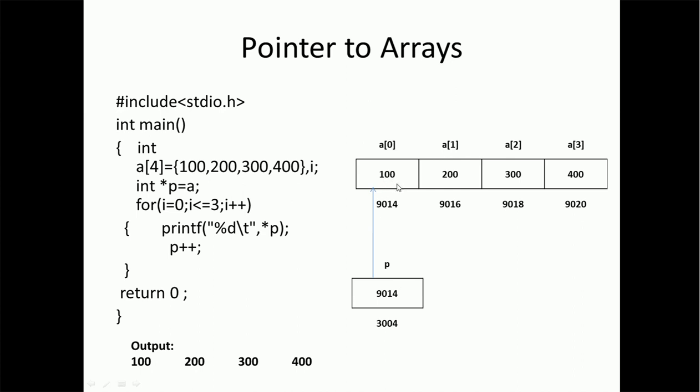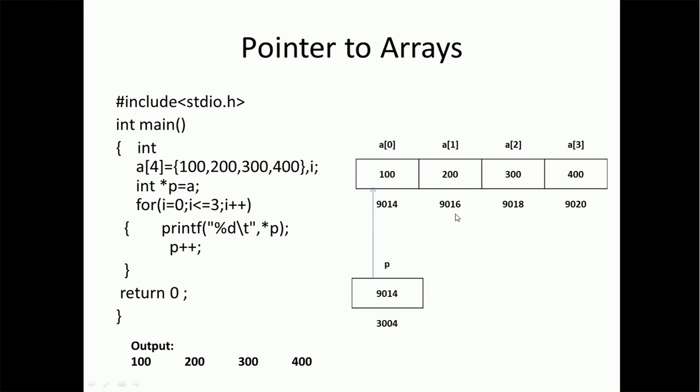Next, we do p plus plus, that means p equals p plus 1. When we increase 9014 by 1, it increases the value by 2, because p is holding the address of an integer type variable. Whenever we increment, it raises the value by 2. So the next value of p will be 9016.